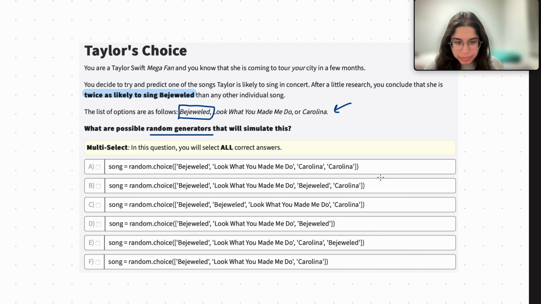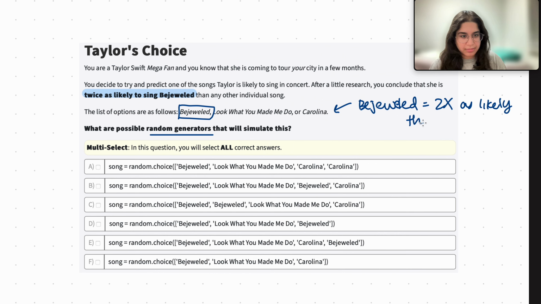So let's go through the options, and we want to notice that Bejeweled should show up twice as likely as any other song.